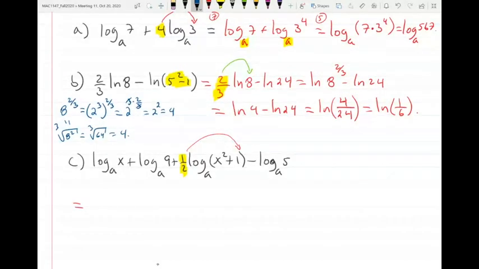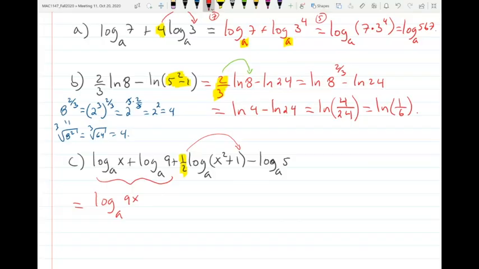This first sum that we have here, we could go ahead and combine it already because that's a sum. We can do it by multiplying, right? So that's base A, and then you multiply the arguments, and then plus, let's bring the 1/2 to the top, so that would be x squared plus 1 to the 1/2 minus log base A of 5.